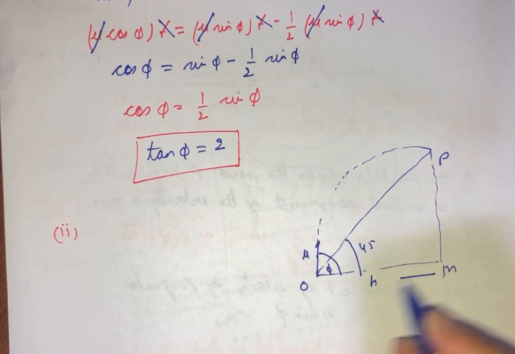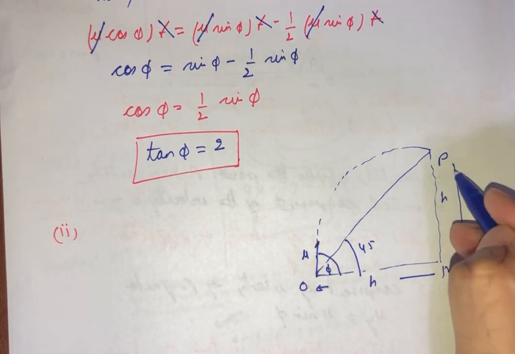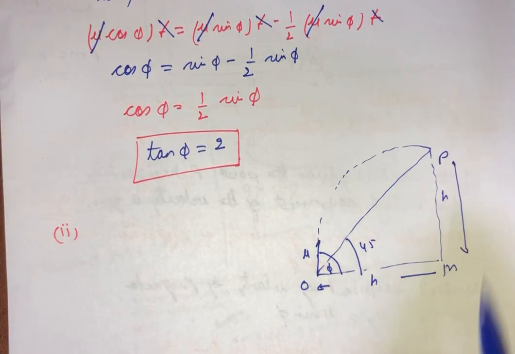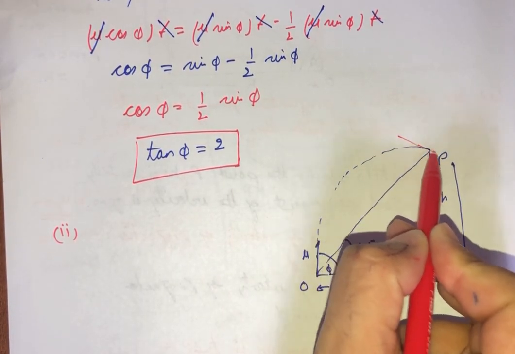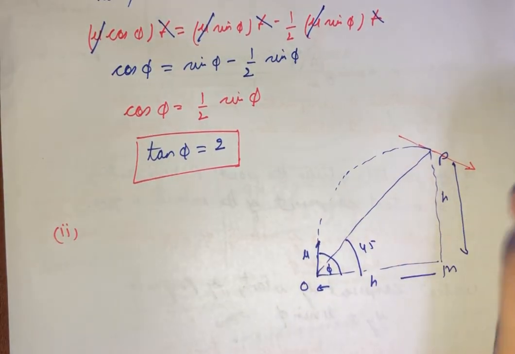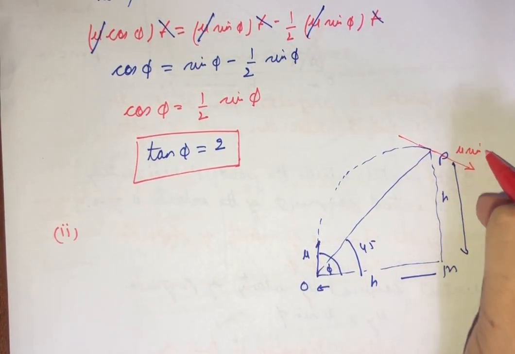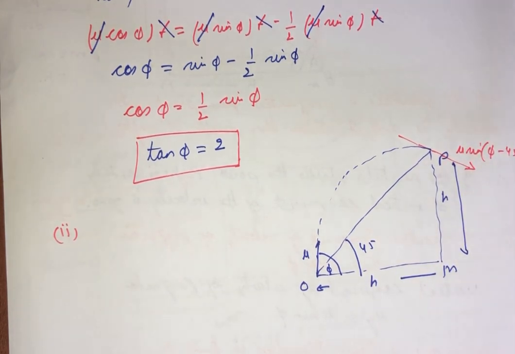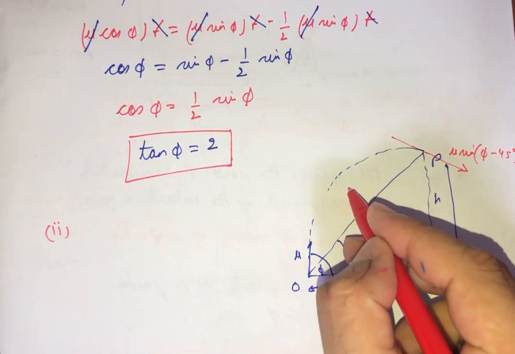This is H. This is also H. And the velocity component will be now in this direction, and its value will be equal to u sine of phi minus 45 degree, and we are also going to have a component of g that is in this direction.